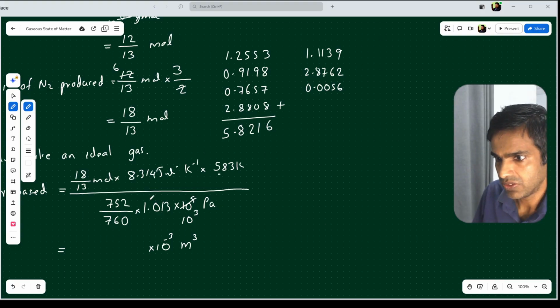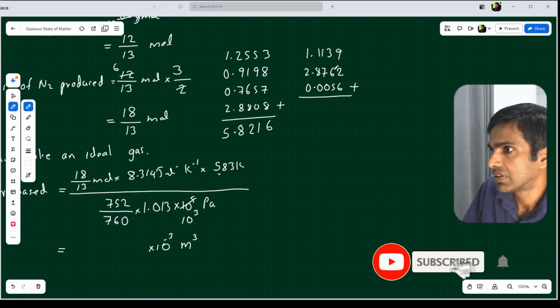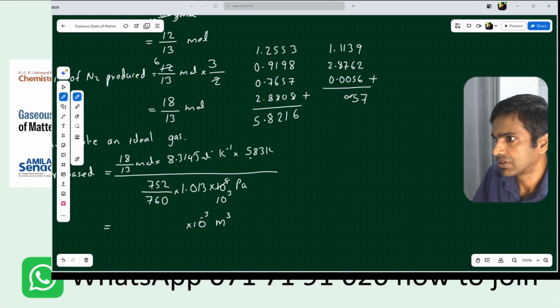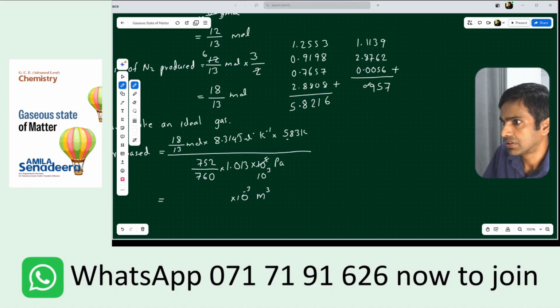So we need to add those three values. 11, 17. 1, 4, 10, 15. 1, 9, 9, 3.